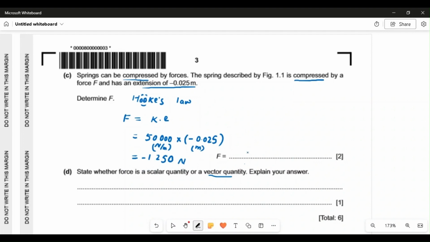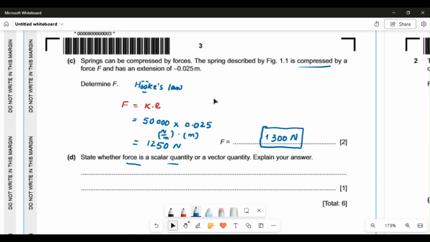It will be rounded to 1300. We can either say that this is negative 1300 Newton, or we can simply say that this is the force in the opposite direction, opposite to the other applied force. If it was to the right first, now it will be to the left.